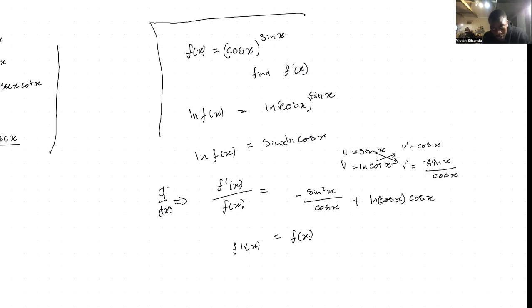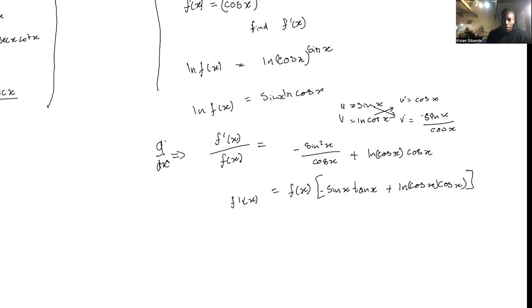Now, note that this part can be written as sine x, which is negative, sine tan of x, and then it's plus ln of cos of x, cos of x. Okay, now you need to multiply in the original function to get the f derivative.